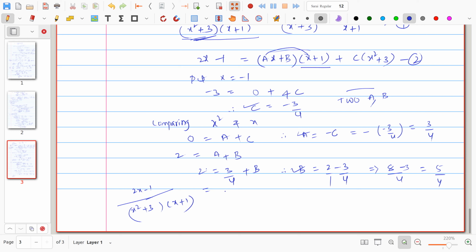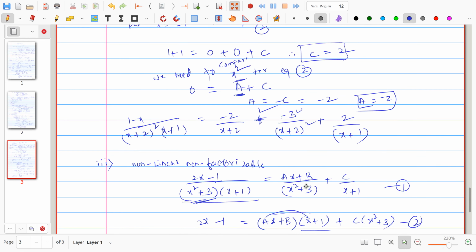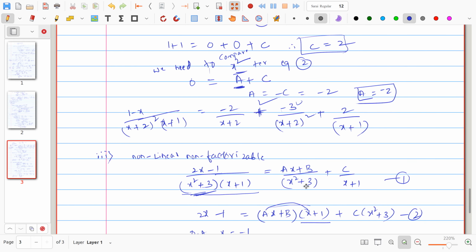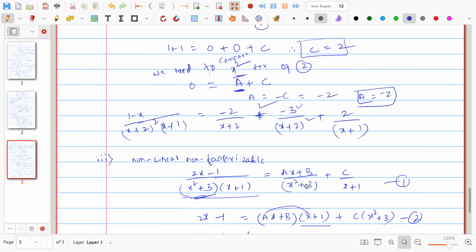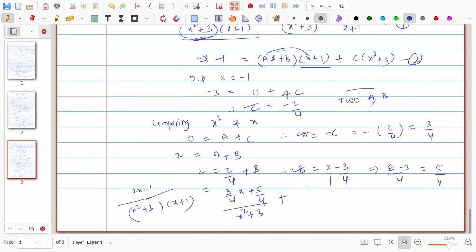So we can write ax plus b divided by x square plus 3, plus c divided by x plus 1. A value is 3 by 4, b is 5 by 4, and c is minus 3 by 4.